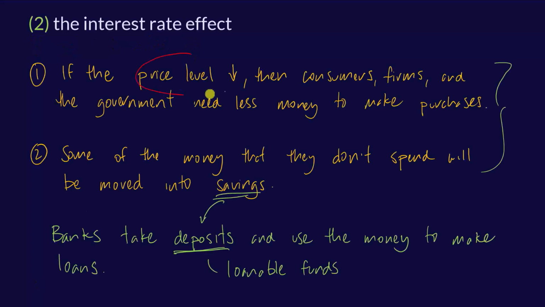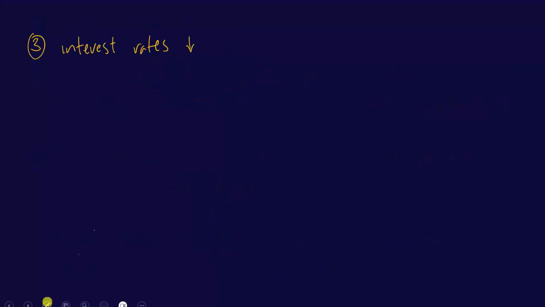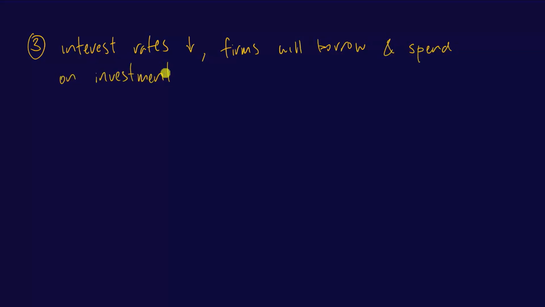All right, so interest rates go down. When the price level goes down, interest rates go down, and that means that firms will borrow money and spend on investment.